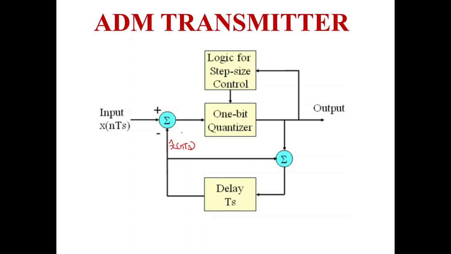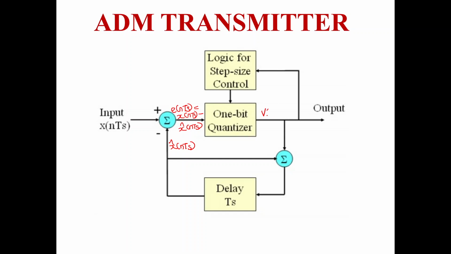It is given to a comparator. The comparator compares the sampled signal and its approximated signal, and the output of the comparator is written as e of nTs, where e of nTs is equal to x of nTs minus x cap of nTs. It is given to a quantizer block.